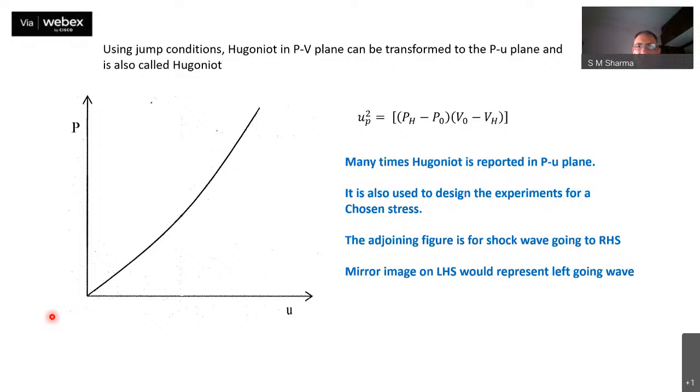In fact, it is more widely used than the PV curve for designing experiments. So this PU curve represents the shock going on the right hand side, forward, generally called a forward moving wave. And if it was plotted along the negative direction, you would say a backward going wave or left going.